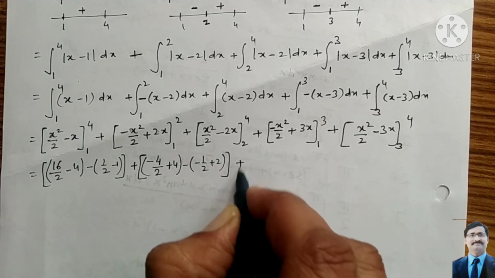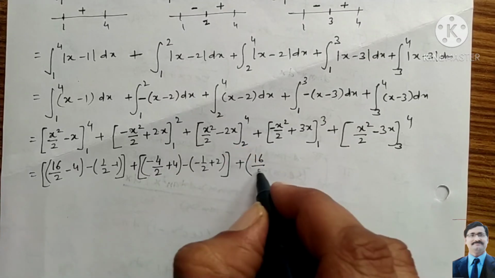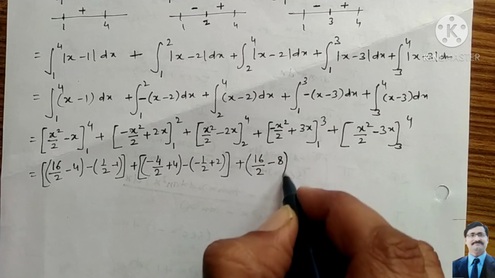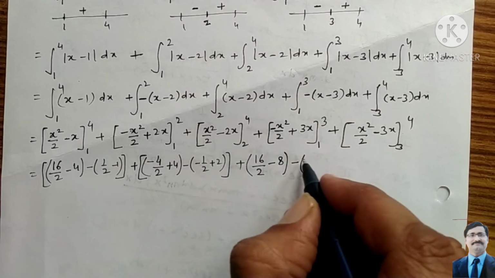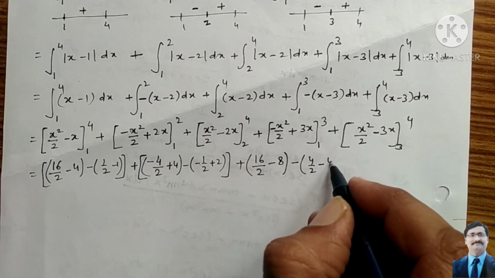Then we put 4: 16 upon 2, and 4 times 2 is 8, minus 8. Then minus, we put 2: 2 square is 4, 4 upon 2 and minus 2 into 2 is 4.